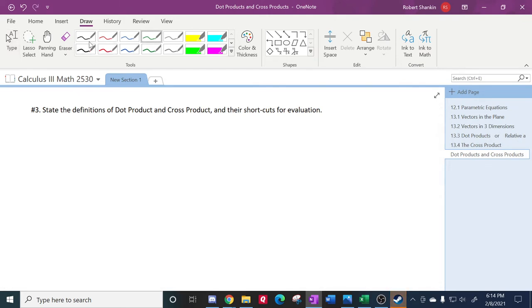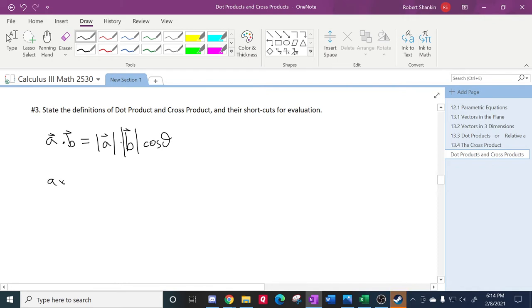Okay, so for the dot product, A dot B, its definition is this.